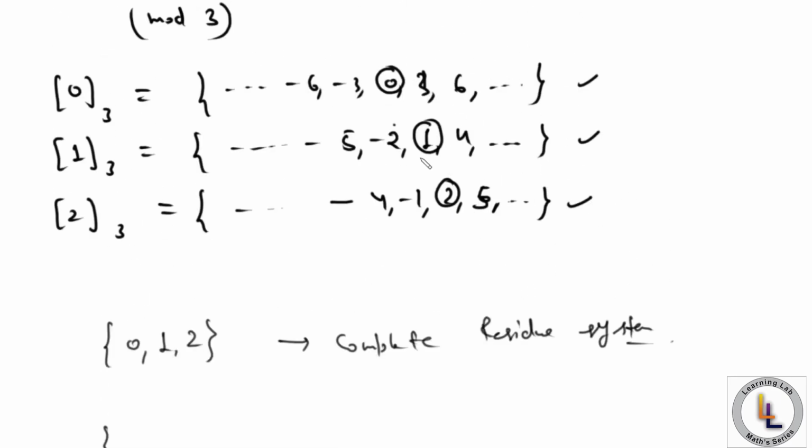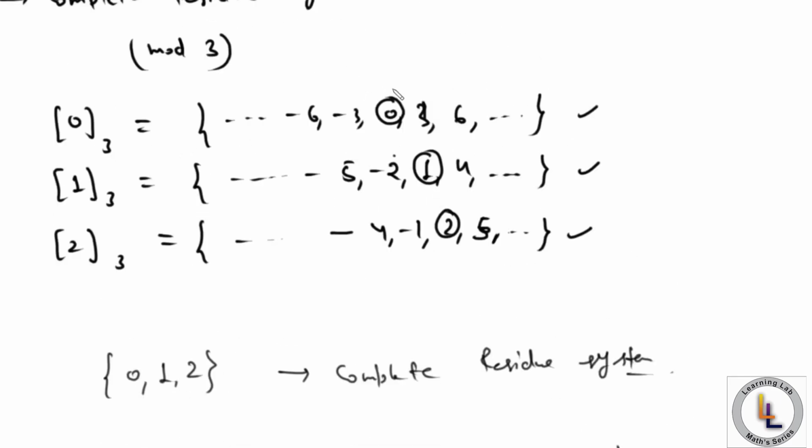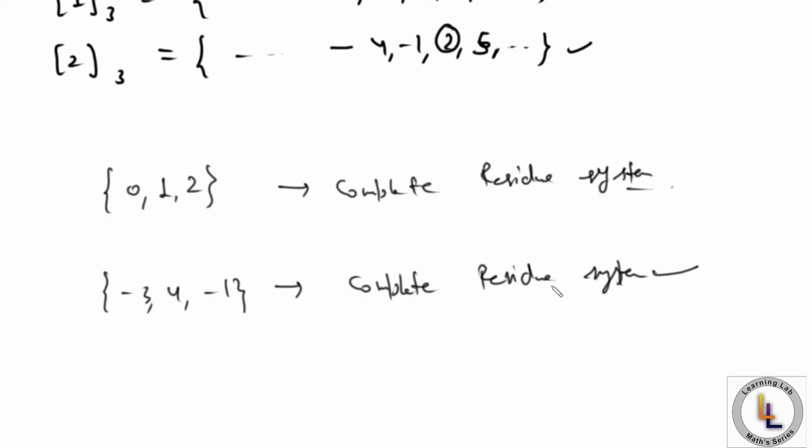Suppose we select -3 from the first class, 4 from the second class, and -1 from the third class. This is also a complete residue system when dealing with mod 3. So we can select any element from these 3 distinct residue classes of a given modulo and construct a complete residue system. That's it.